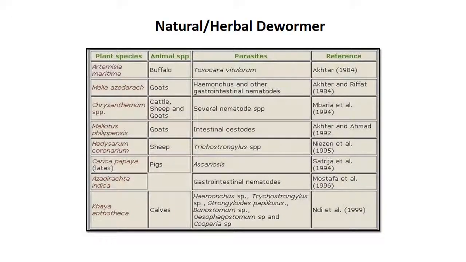If you wish to produce an organic meat product, many plants naturally produce toxins that are effective against parasites. Be careful and do your homework when using a natural herbal dewormer, because the toxicity of the plant varies in animals among species.